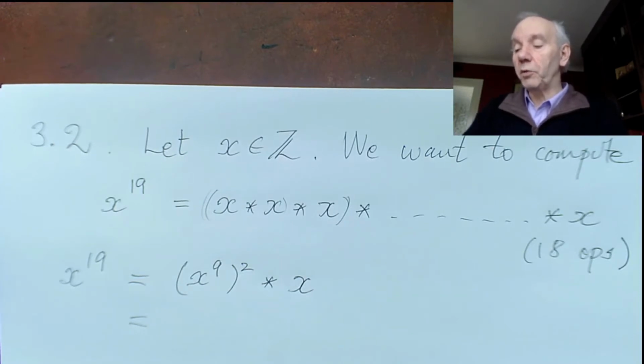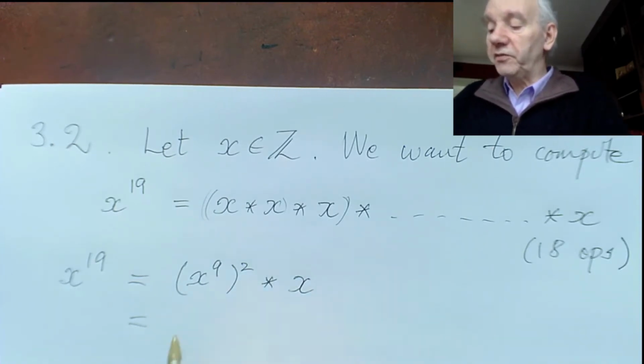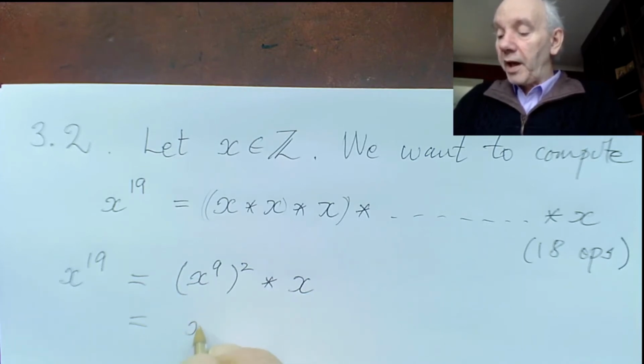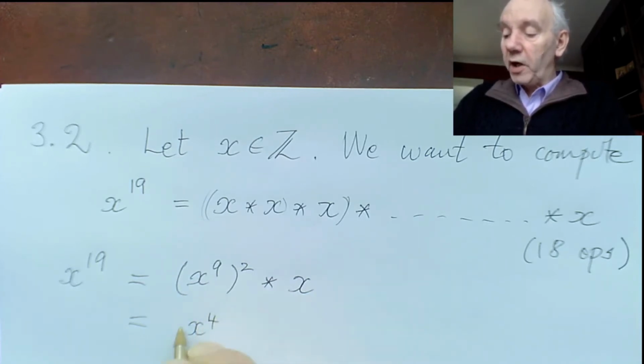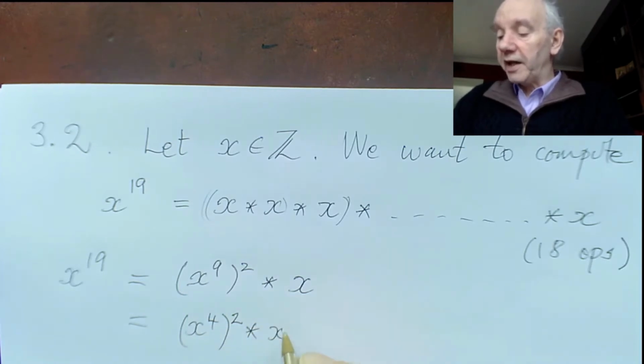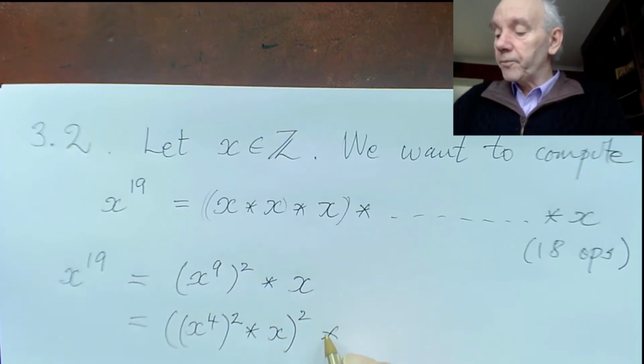Now 9 is also odd, so we do the same thing recursively. x to the 9 is x to the 8, which is x to the 4 squared, times the extra x to get x to the 9, and that's all squared again, times x.